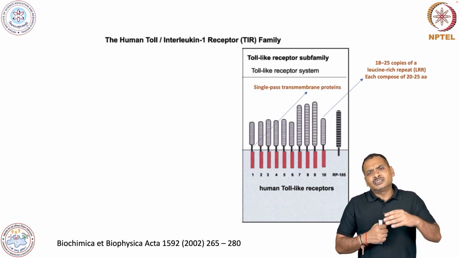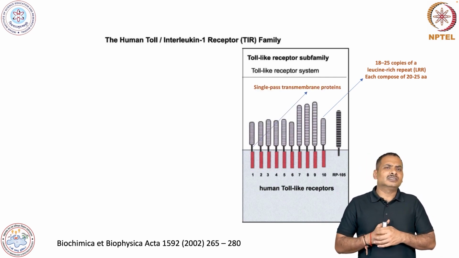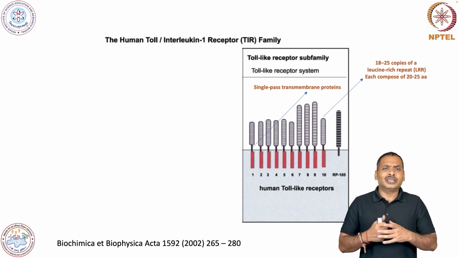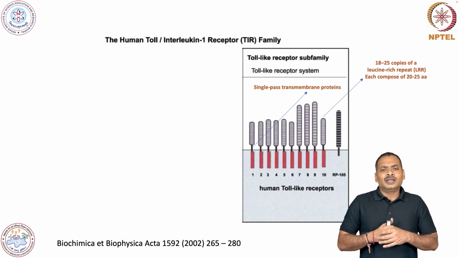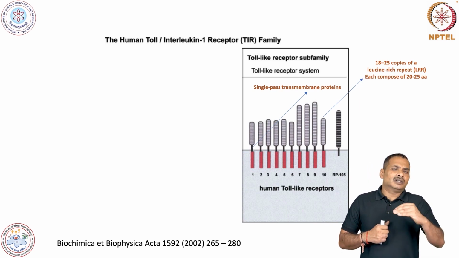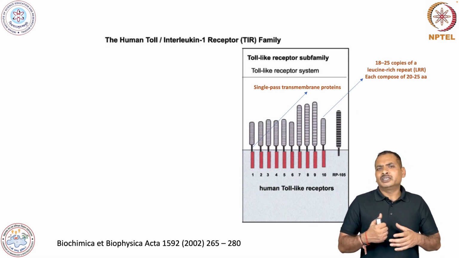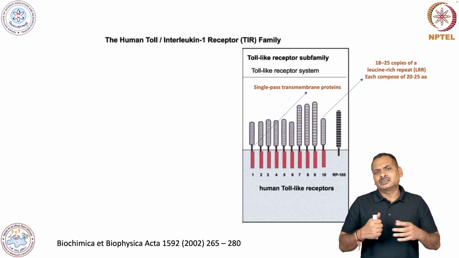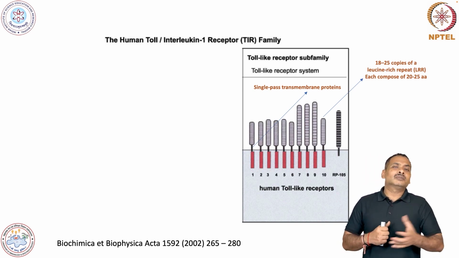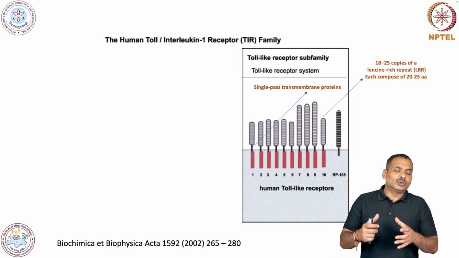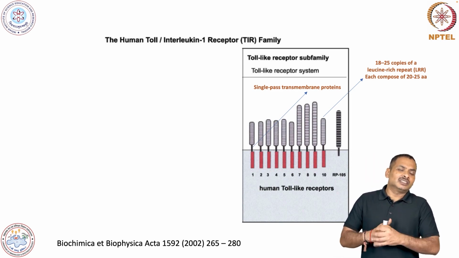Another region is the transmembrane region, which we also call the type 1 transmembrane region. This mainly consists of hydrophobic amino acids, and this plays an important role in inserting into the membrane.